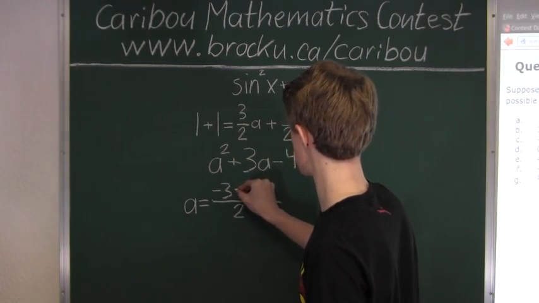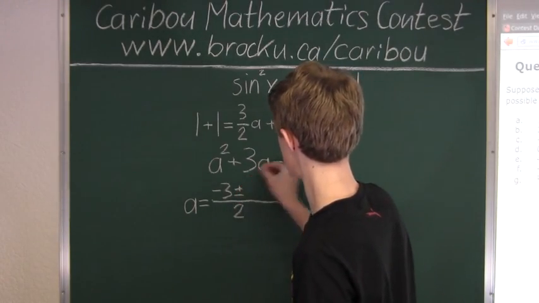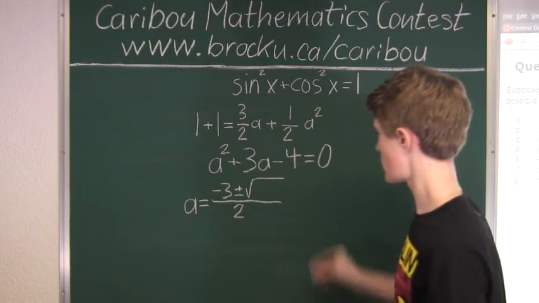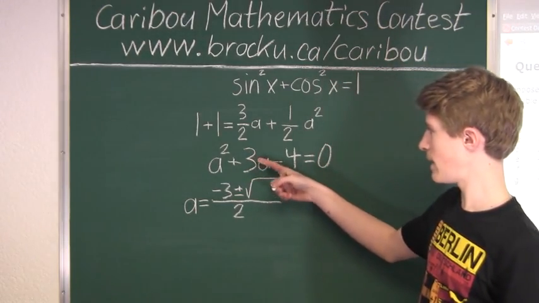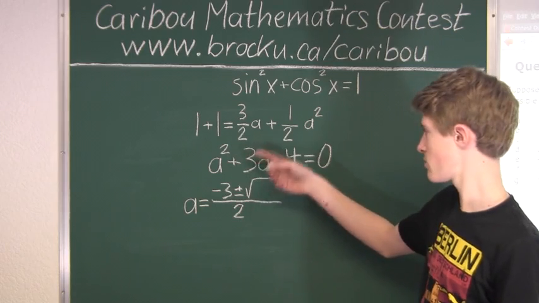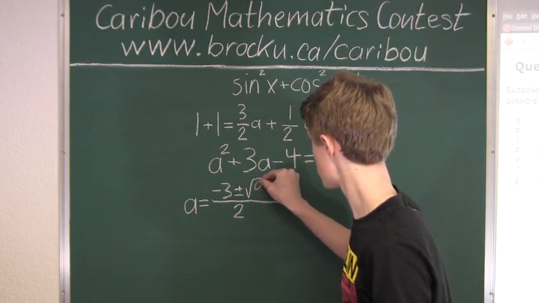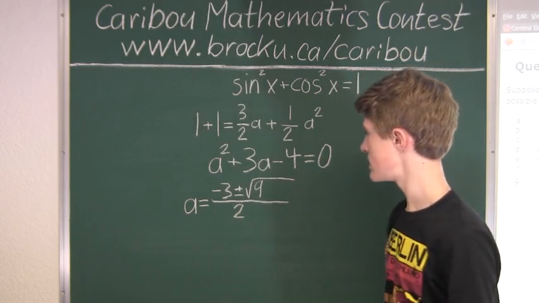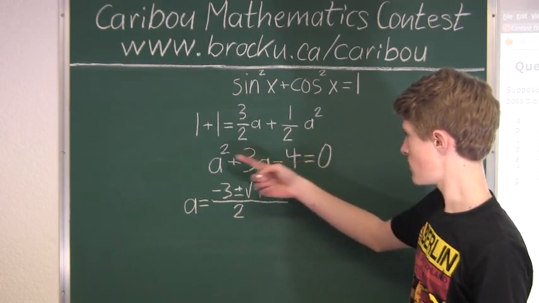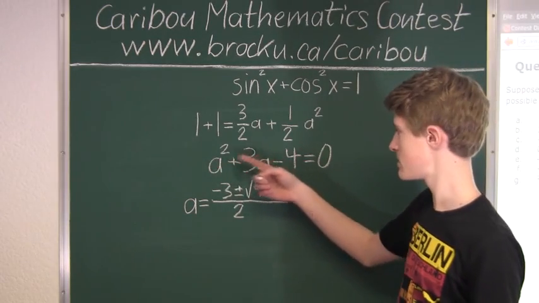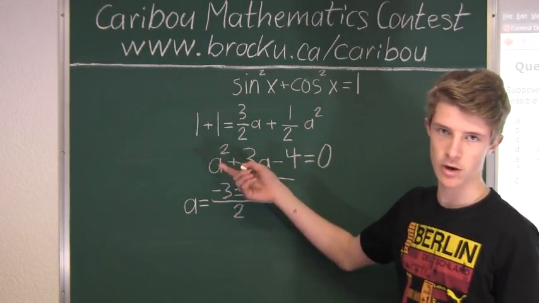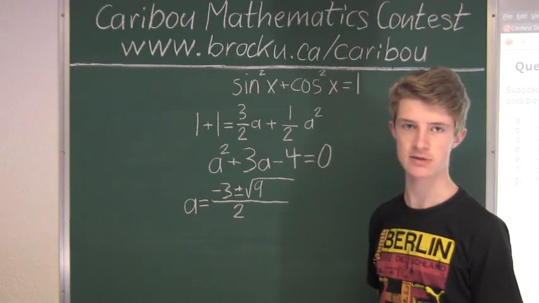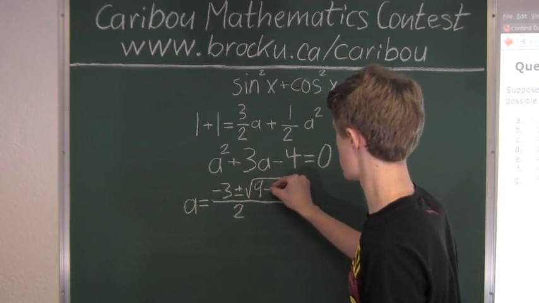And then we have plus or minus the square root of the coefficient of a, which is 3, and that's squared, so 3 squared is 9. And then we would take minus 4 times the coefficient of a squared, which is just 1, times minus 4, so minus 4 times minus 4 is 16, so we have plus 16.